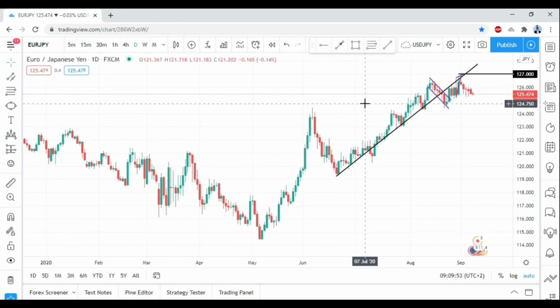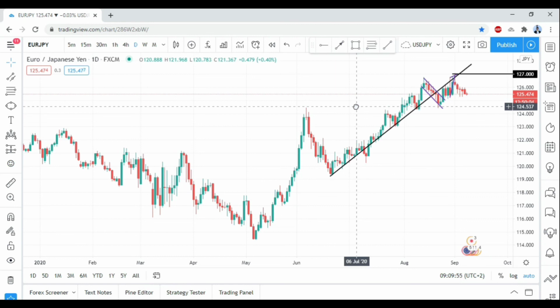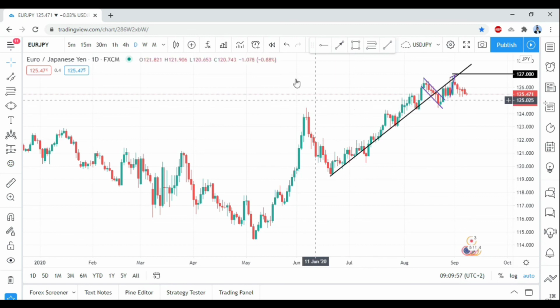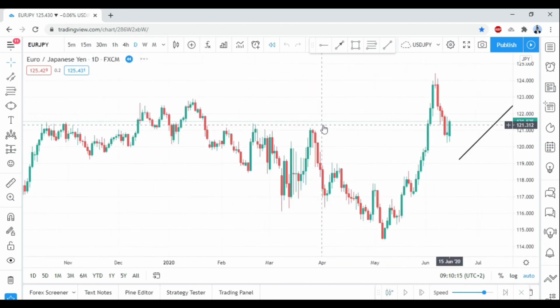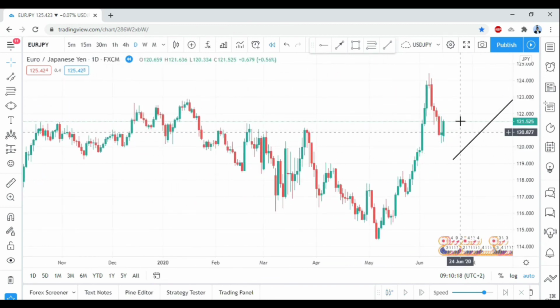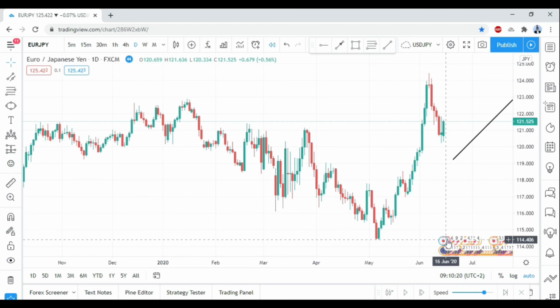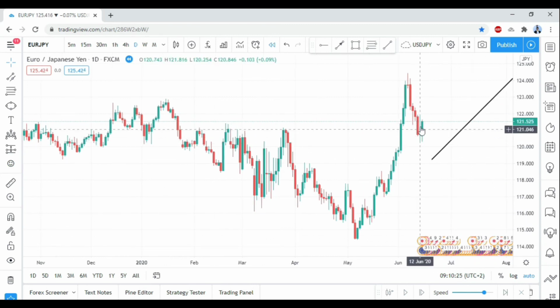So another very useful tool that I also like to make use of is this bar replay tool, which I'm going to be making use of a lot throughout this course. You can simply click on this bar replay tool, and you can take it to wherever you want to. So let's just go to the 16th of June, and it takes you to the price action in the market, as well as the relevant news events that took place during that specific time.